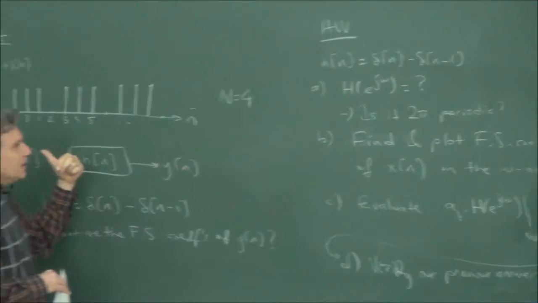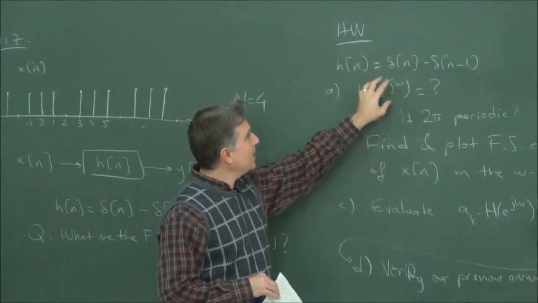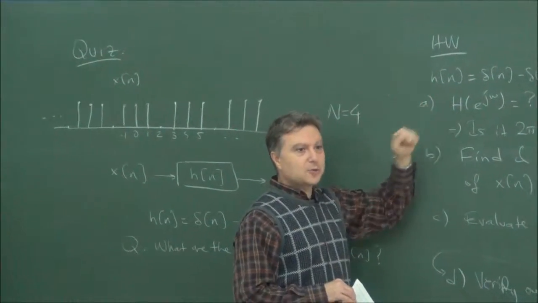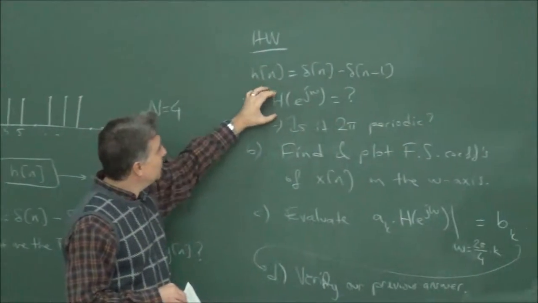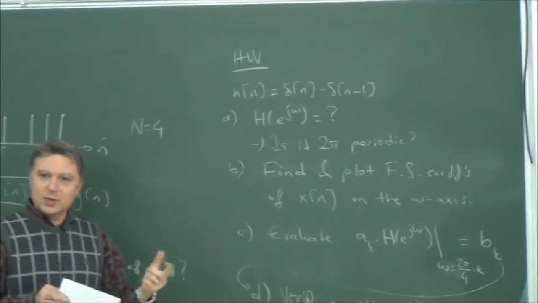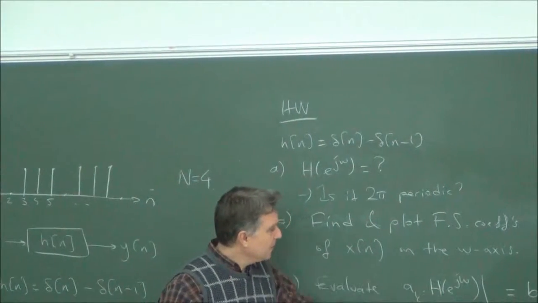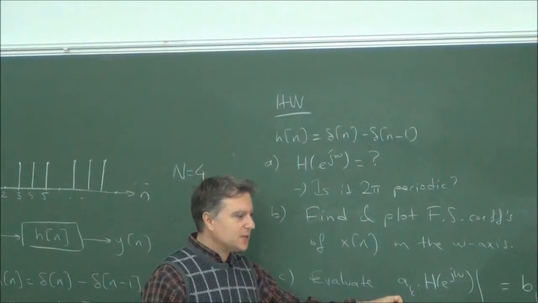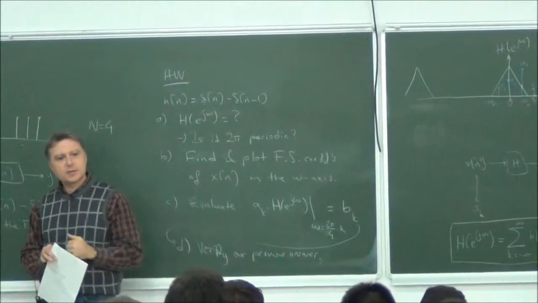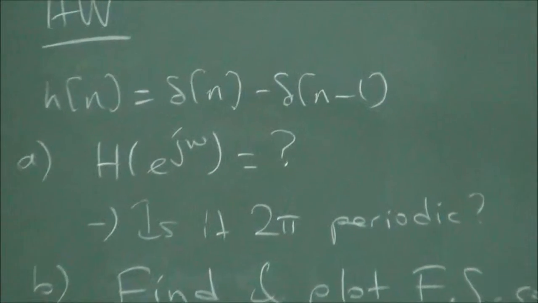In that sense, there are cases where evaluation of h of e to the j omega from that complicated impulse response could be easier, and this will give you a very nice and easy shape sometimes. So it will be easier for you to multiply this shape here with the Fourier series coefficients and evaluate your new set of Fourier series coefficients, and then combine them to get the answer. Okay?